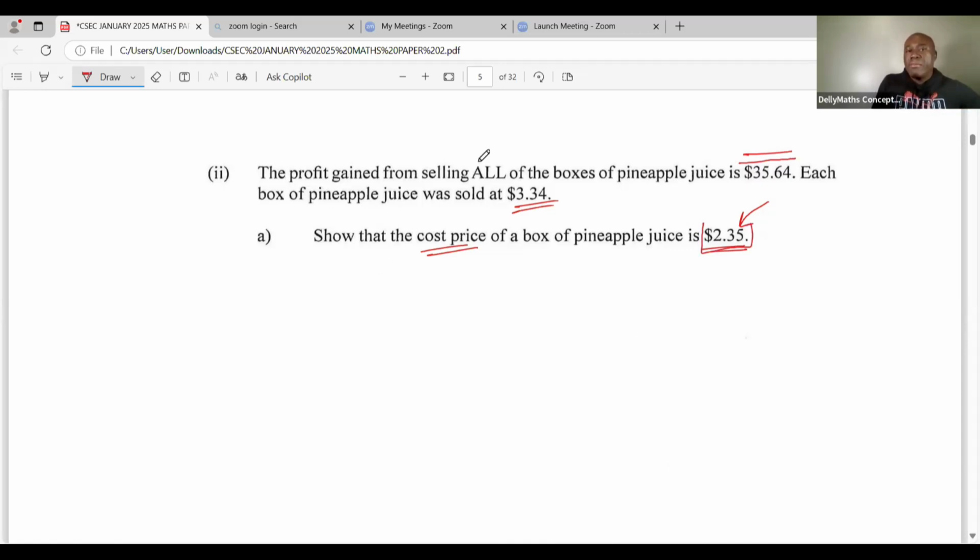The profit gain from selling all the boxes. So all the boxes were sold, which would have meant that the pineapples were all in the boxes and they come in threes. So the pineapples were sold in sets of threes, since it's 3 of them per box.